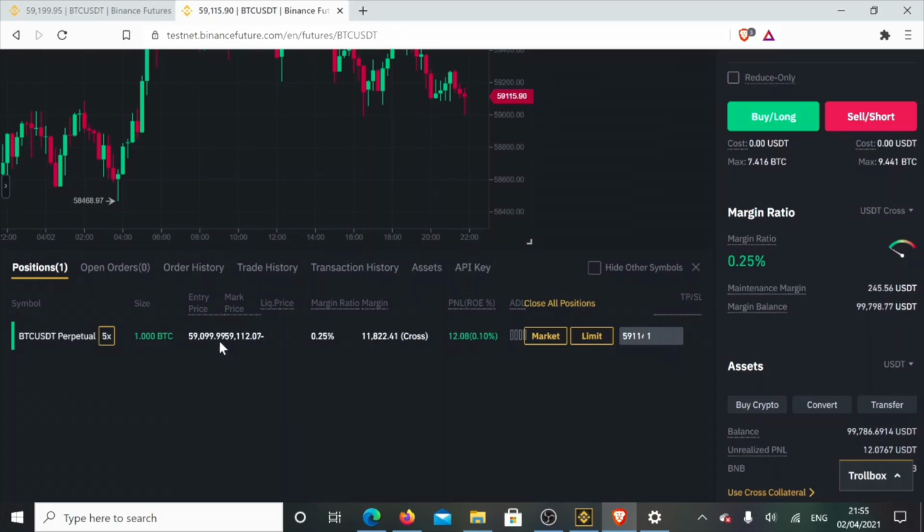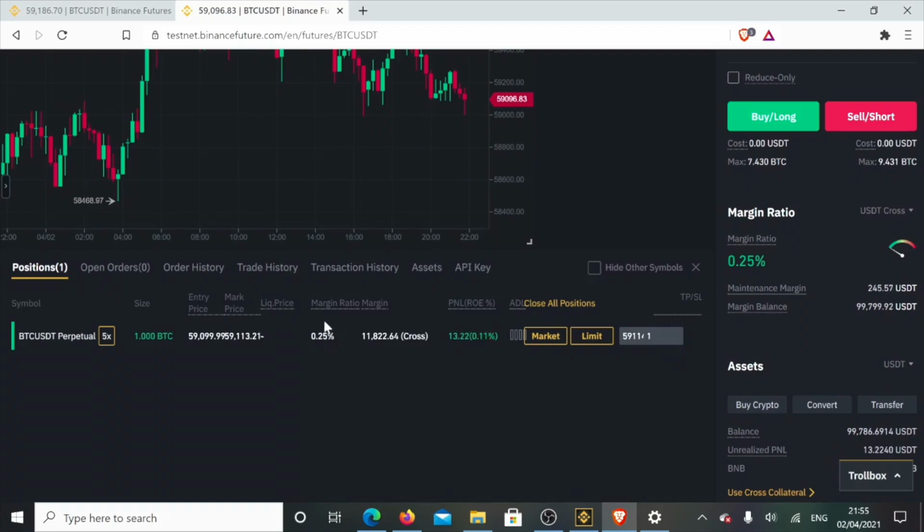Okay, and right now mark price means the price of the asset right now. It's 59,104. Liquidation price is the price at which your funds or your account will be liquidated. I will still get into that, okay? Don't worry about liquidation. I will explain exactly what that means and what happens before you get liquidated, okay?